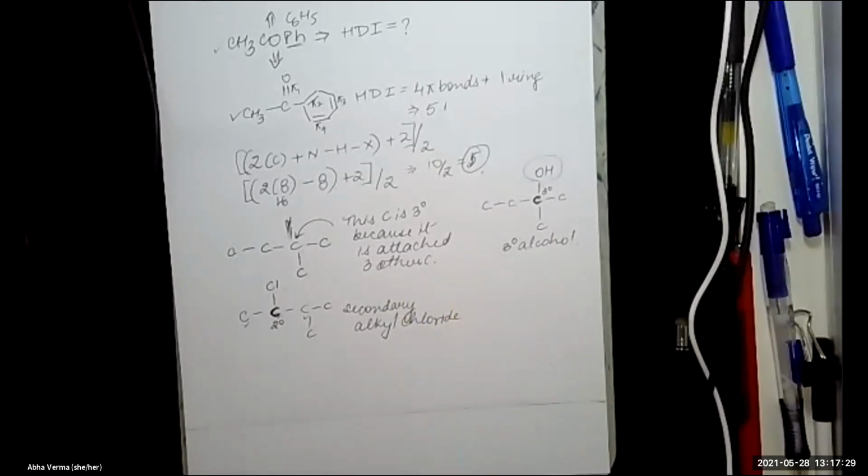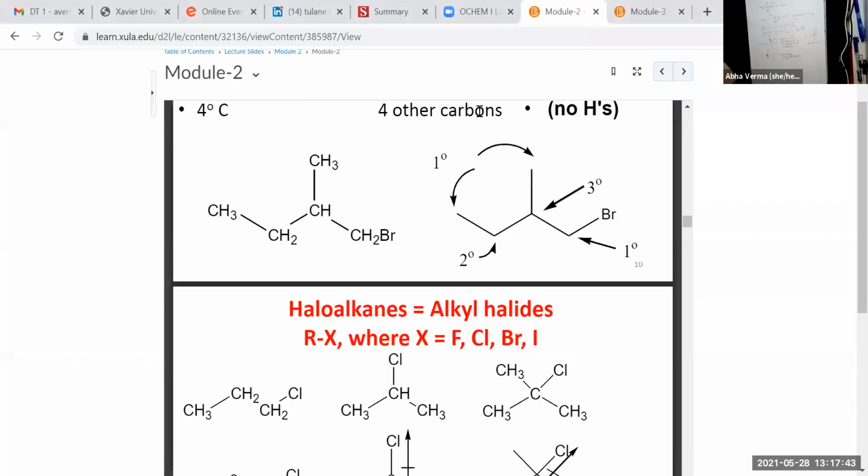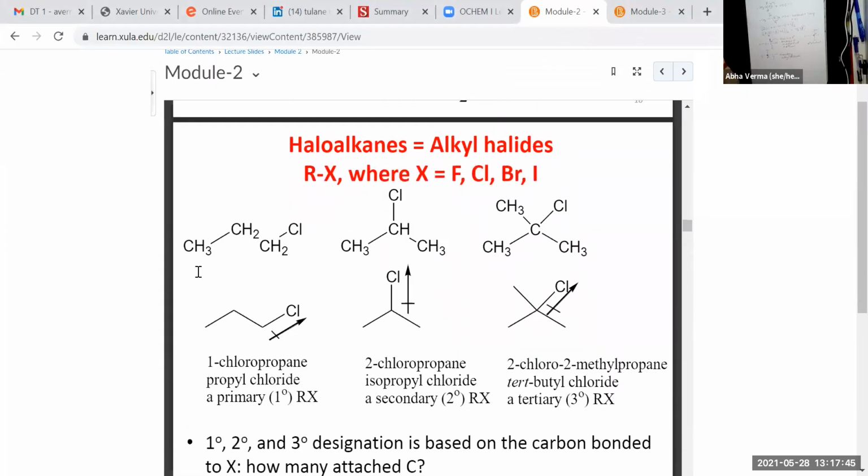Any questions so far? So recognizing your primary, secondary, and tertiary are very important. Okay? So these are what the haloalkanes are. The alkyl halides, in broad terms, that's what we call them. And RX is their general formula or the generic way by which we depict them.